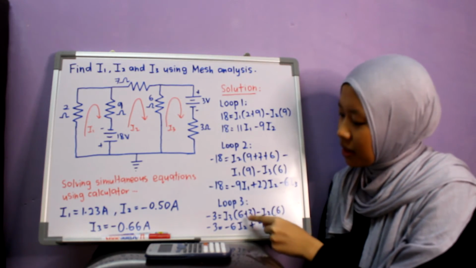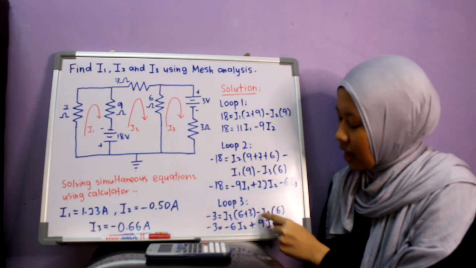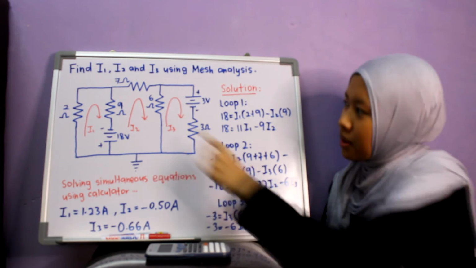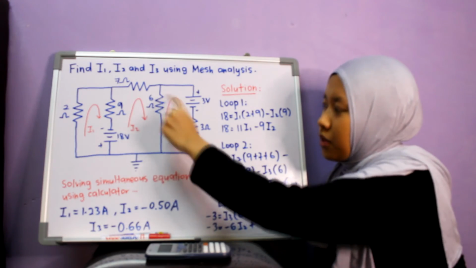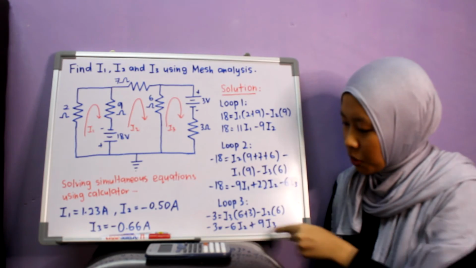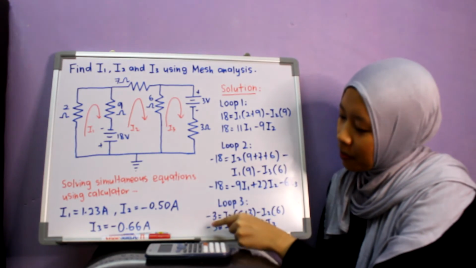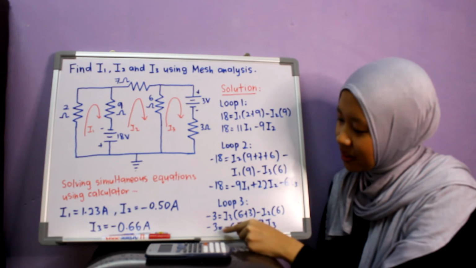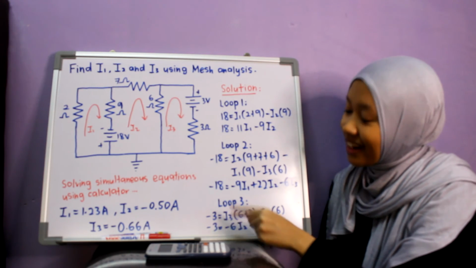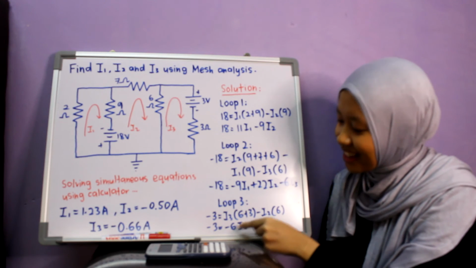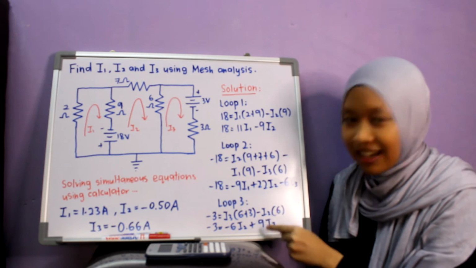I3 times 6 plus 3, and then minus I2 times 6 because it opposes the current I2 here. So we simplify the equation and we will get negative 3 equal to negative 6 I2 plus 9 I3.